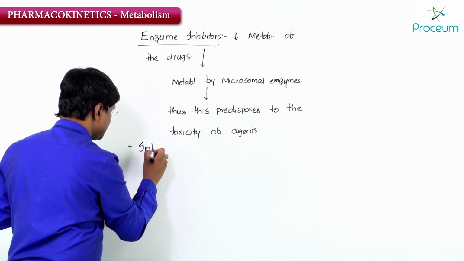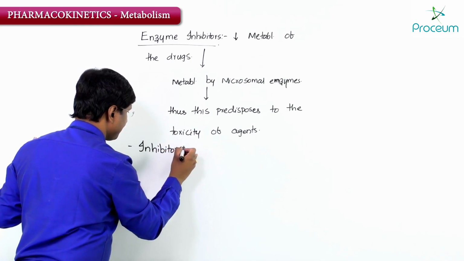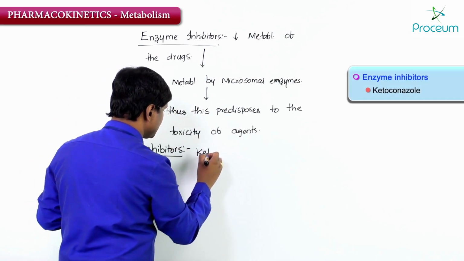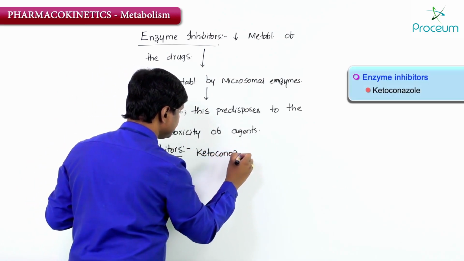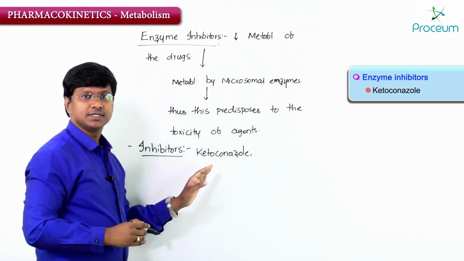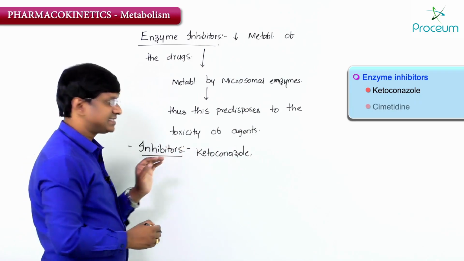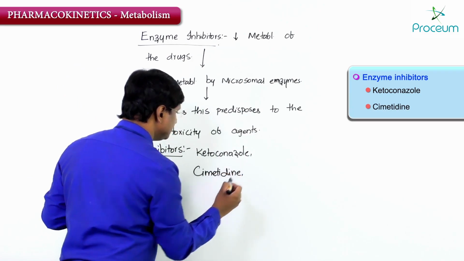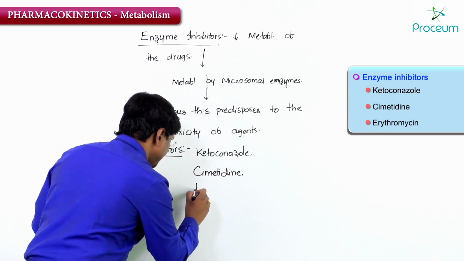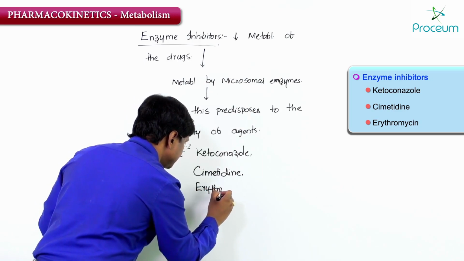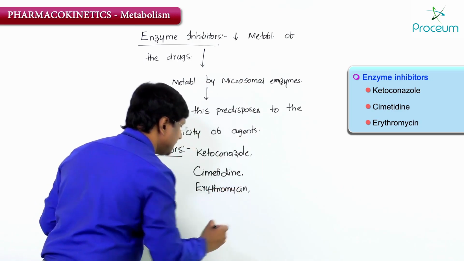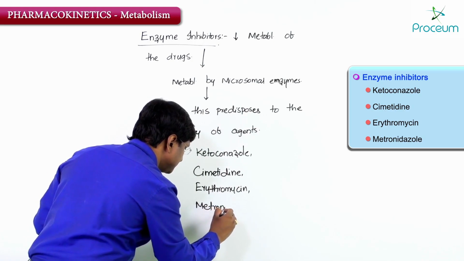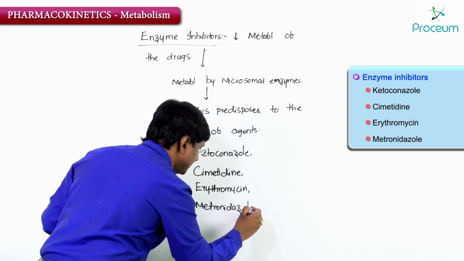The inhibitors include ketoconazole, then cimetidine, then erythromycin, and then metronidazole.